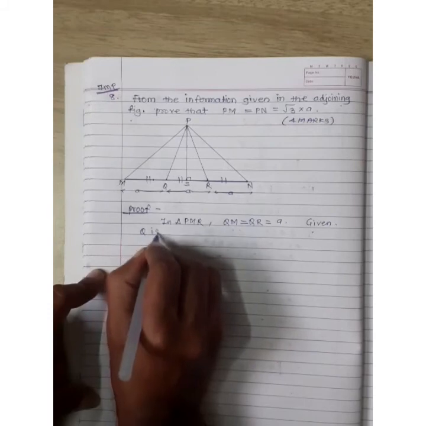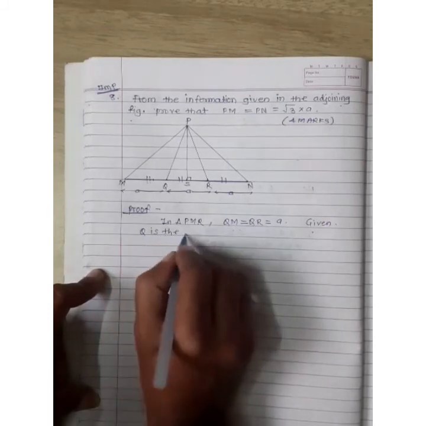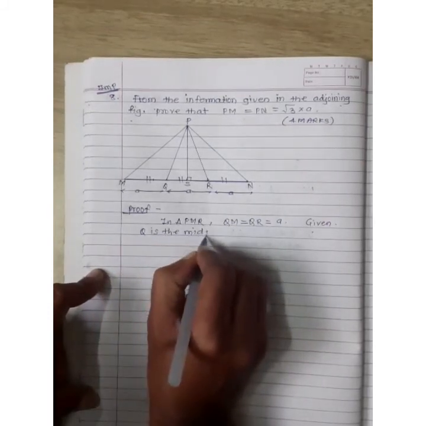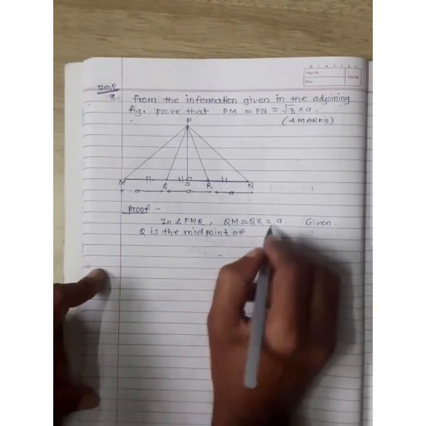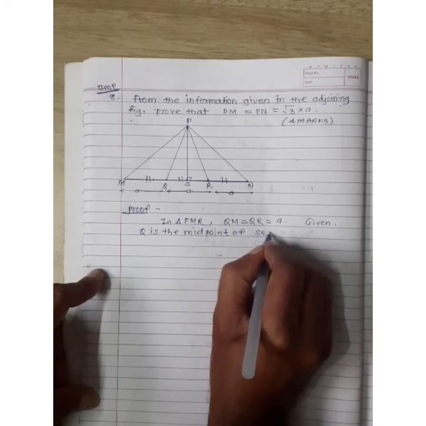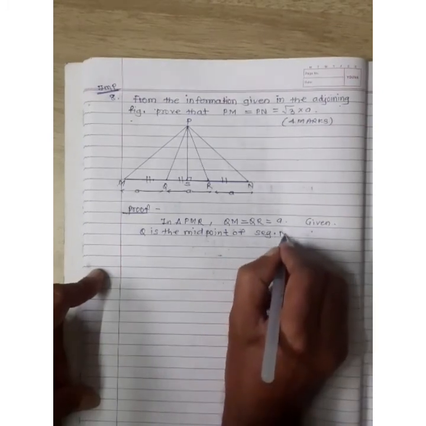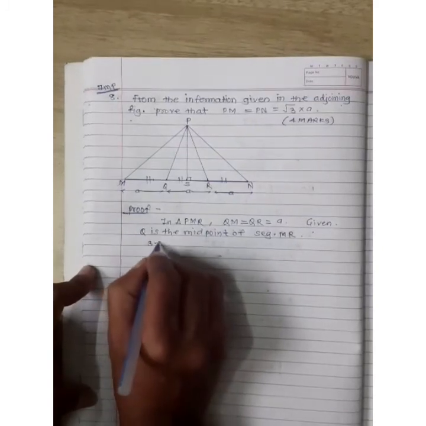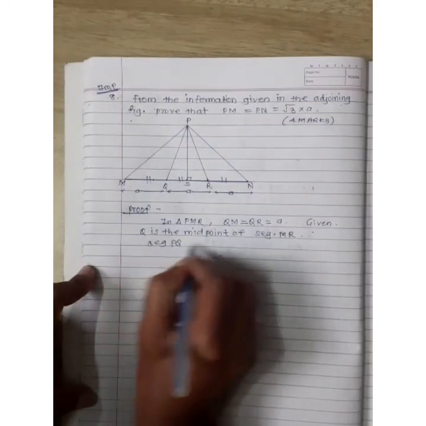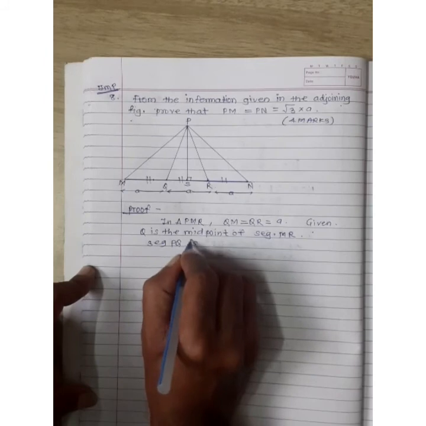Q is the midpoint of segment MR. Segment PQ is the median.